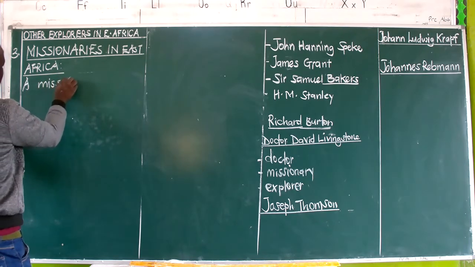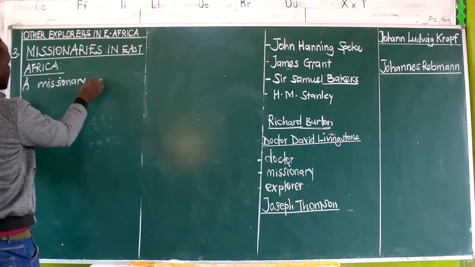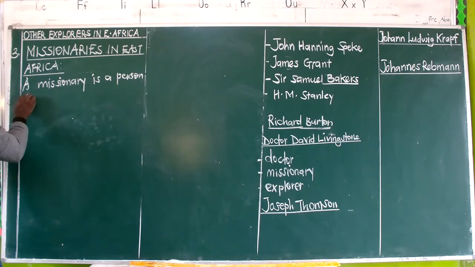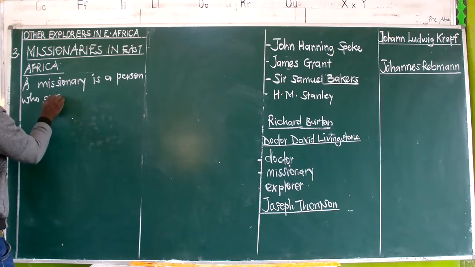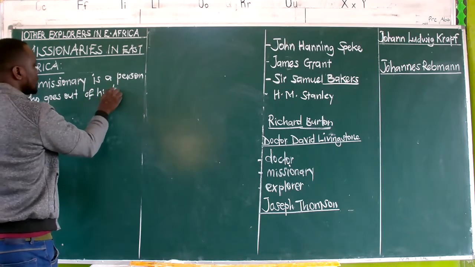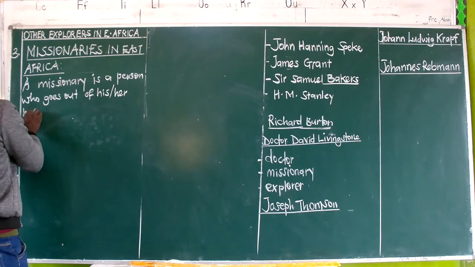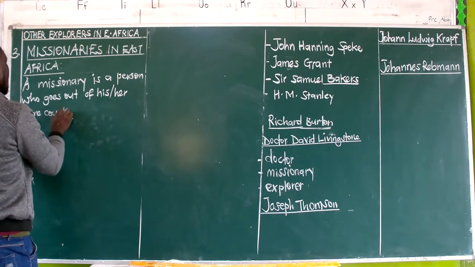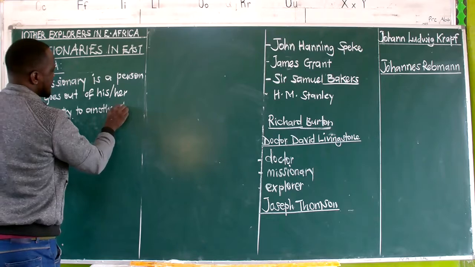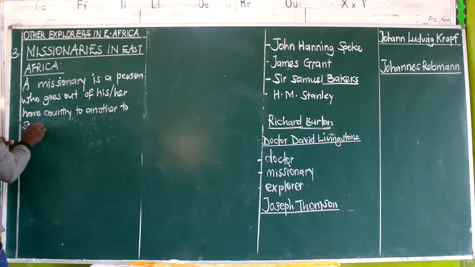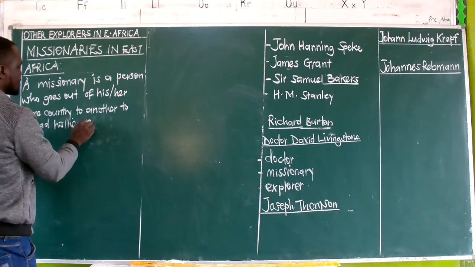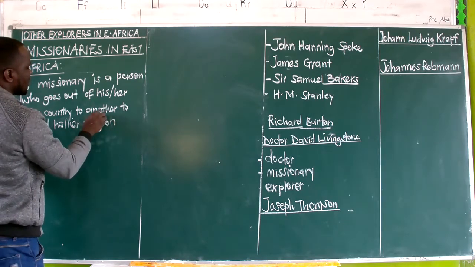A missionary is a person who goes out of his or her home country, that is, to another, to spread his or her religion. That is how we can define a person we call a missionary.